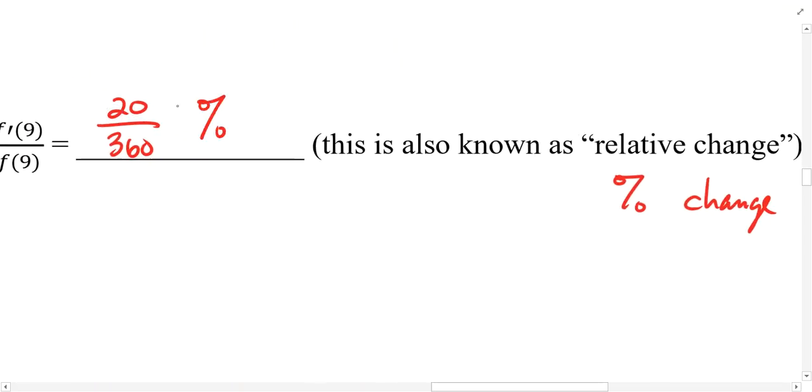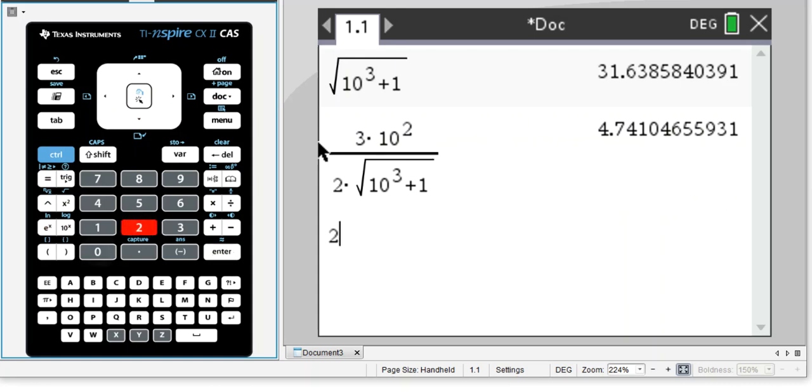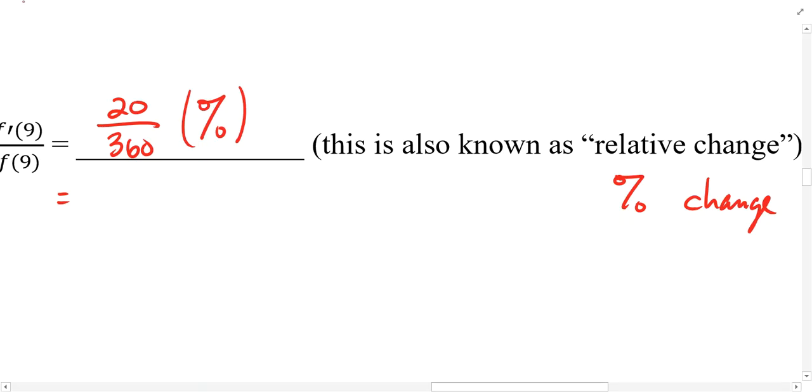So rather than including the units, since I know that this is going to be a relative change or a percent change, I'm going to recognize that we're going to report our answer as a percentage here. Now 20 divided by 360, I'm going to press Control Enter to get the decimal, is 0.055 repeating.